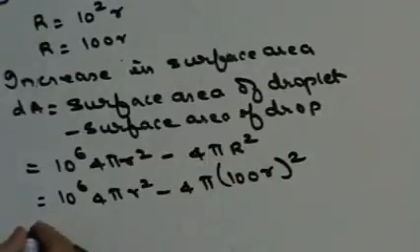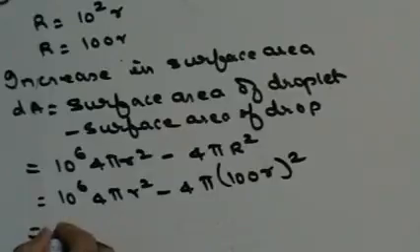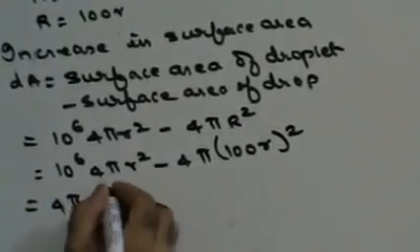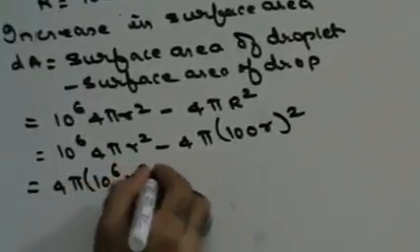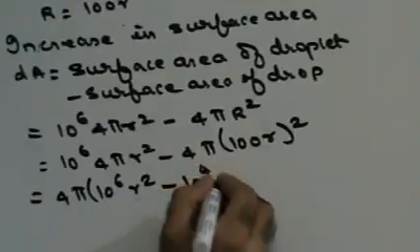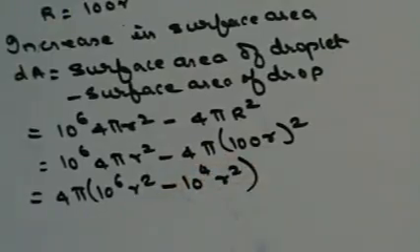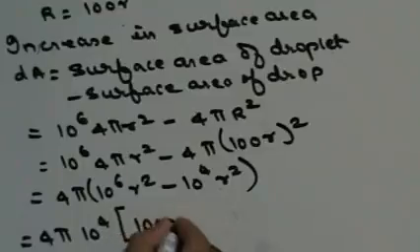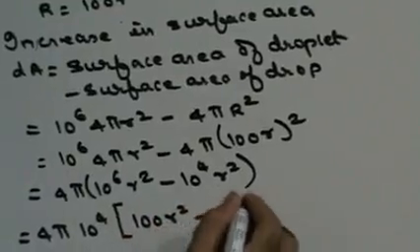So you will get 4 pi common, 10 raised to 6 r square minus 10 raised to 4 r square, because 100 square will give you 10 raised to 4. So this is 4 pi into 10 raised to 4 common, 100 r square minus r square.